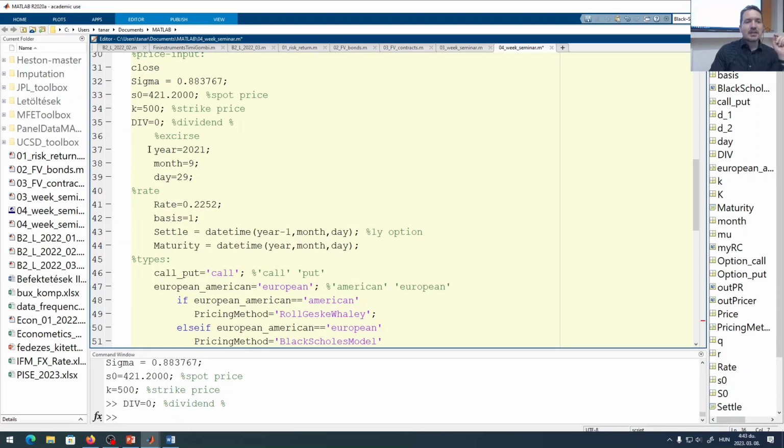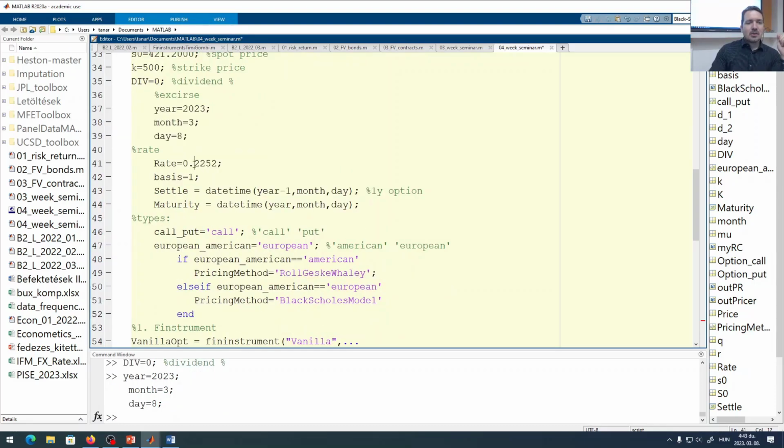The added value here is that we can define exact dates. So now we can see which year we are in. So yeah, it has an added value. And also now we can have this rate. So this is the R that we defined. Well, we can keep it this way. Also the basis can be defined, so this interest rate is annualized, so this has nothing to add later on.